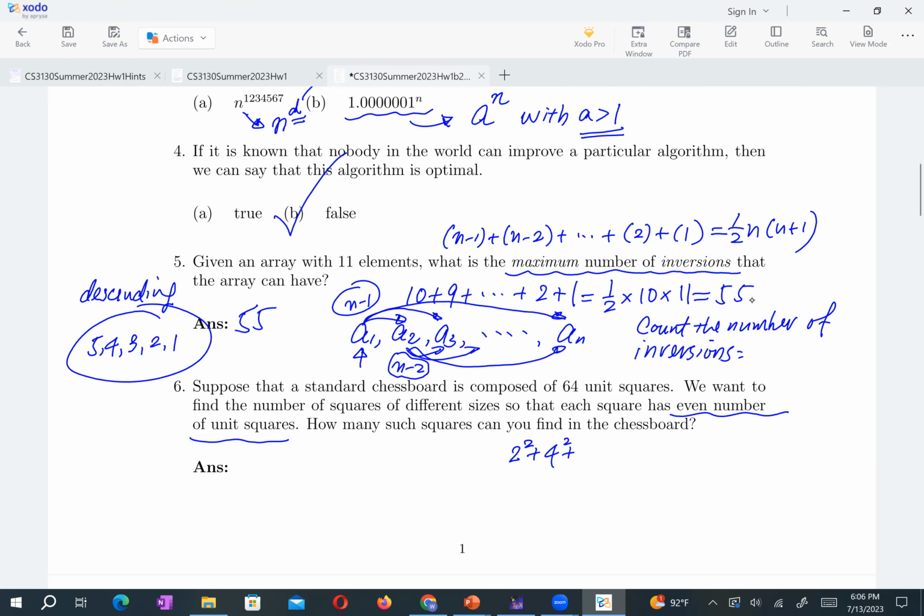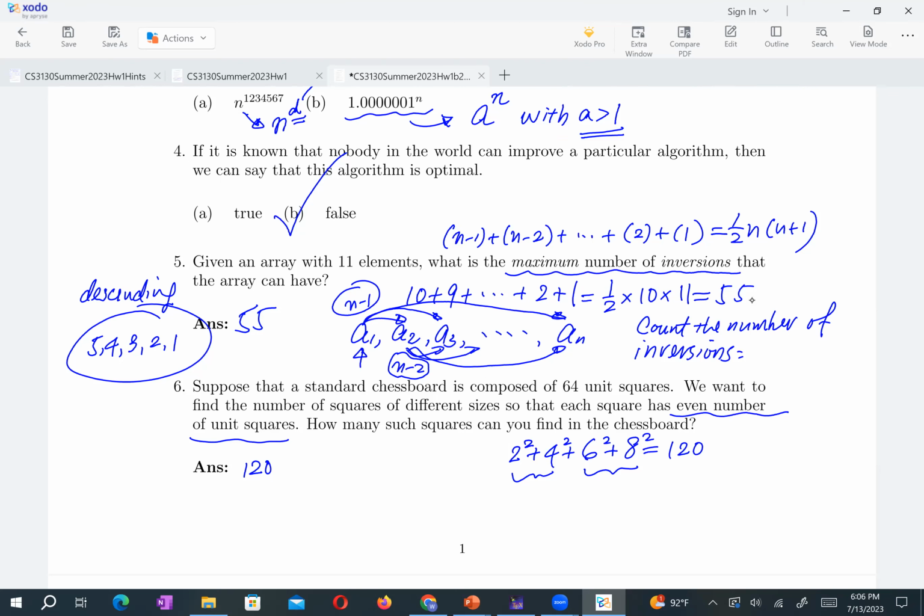We just need 6 squares, right? 120, because the sum of the last two, 36 and 64, is 100, and the sum of the first two is 20. Yeah, 120.